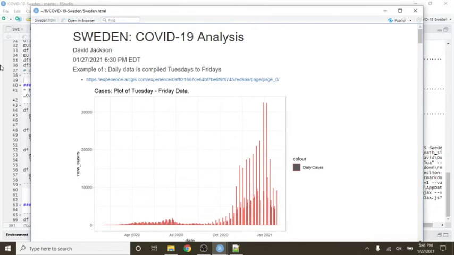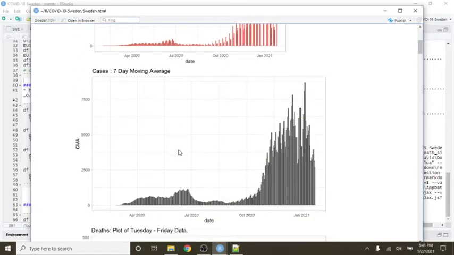Okay, so now we're back to the original thing here. Again, the data is recorded Tuesday through Friday, which means that Sunday, Monday, and Tuesday's numbers are all these spikes right here. This is the same data with the 7-day moving average. It helps even out and fills in the gaps of the Saturday, Sunday, Monday numbers.